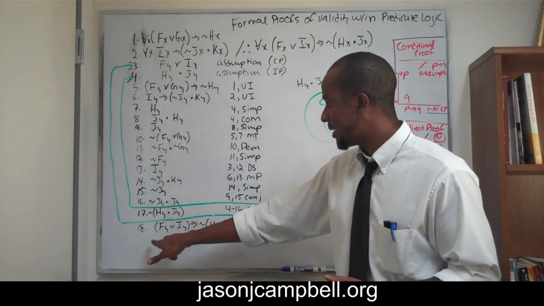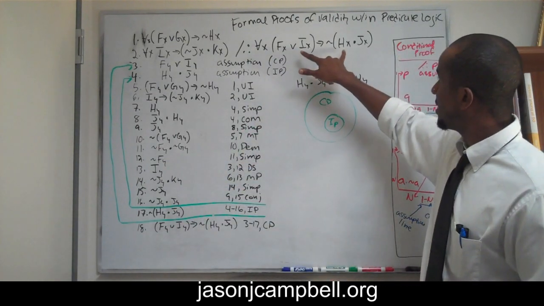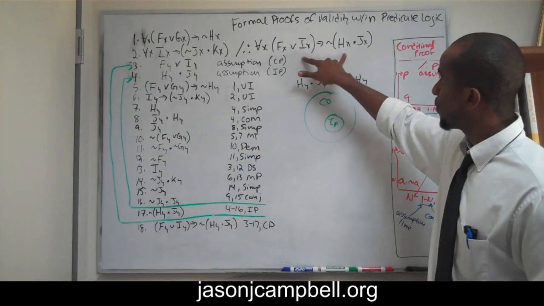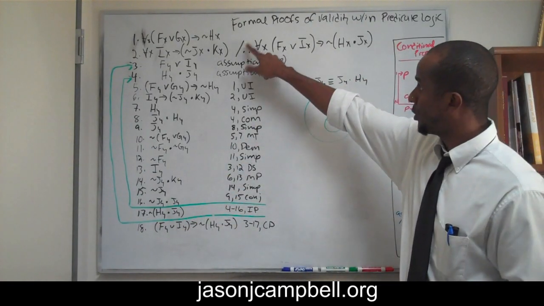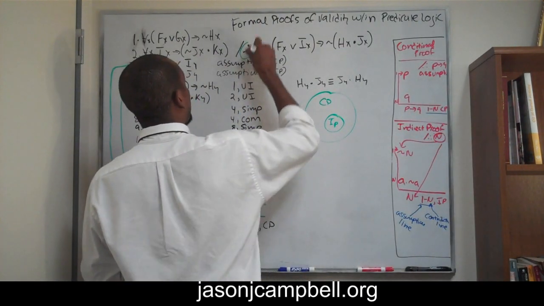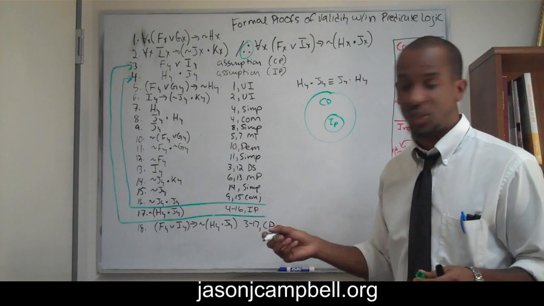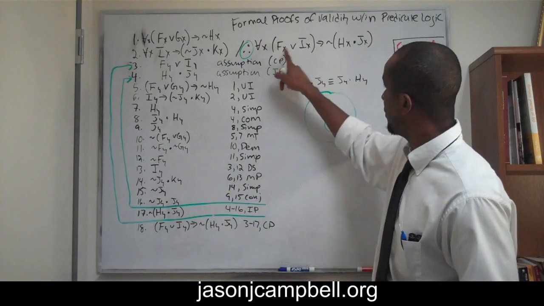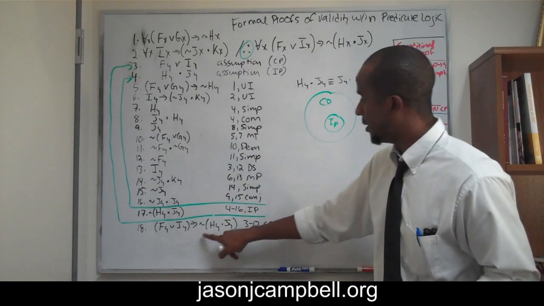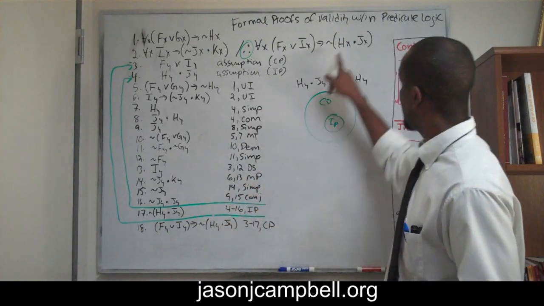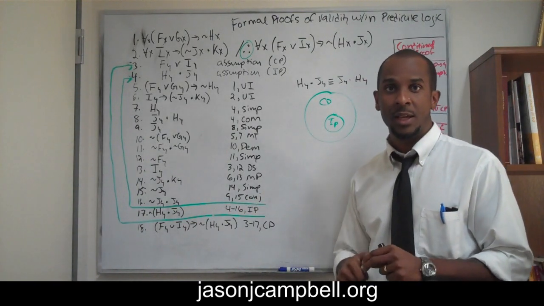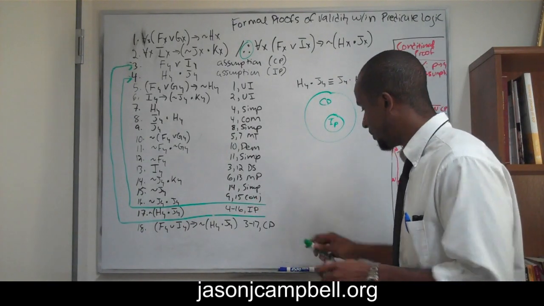So we see that this has the form that this has, right? This is the identical instantiated form of this. So all we need to do to attain this conclusion, because this is what we're trying to get, here's our conclusion, is to universally generalize, right? Fy, Fx, or Iy, Ix, then not Hy, Hx, and Jy, Jx. So all we need to do is universally generalize, and we've solved our problem.